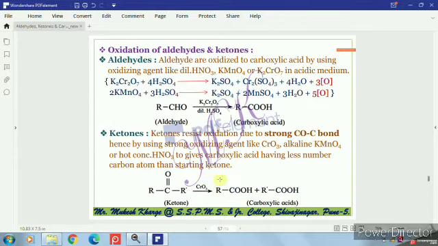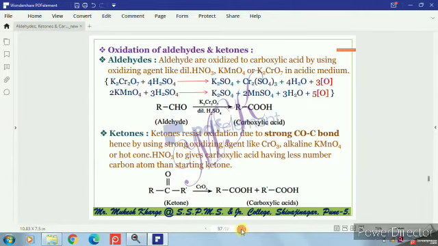Okay, so ketones are less reactive towards the oxidation reaction. Aldehydes are more reactive. So we require a mild oxidizing agent for oxidation of aldehyde, and we require a strong oxidizing agent for ketone oxidation such as CrO3.